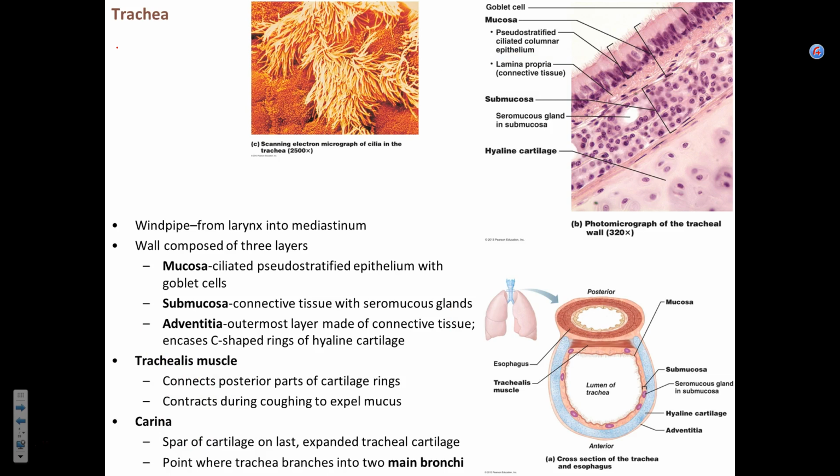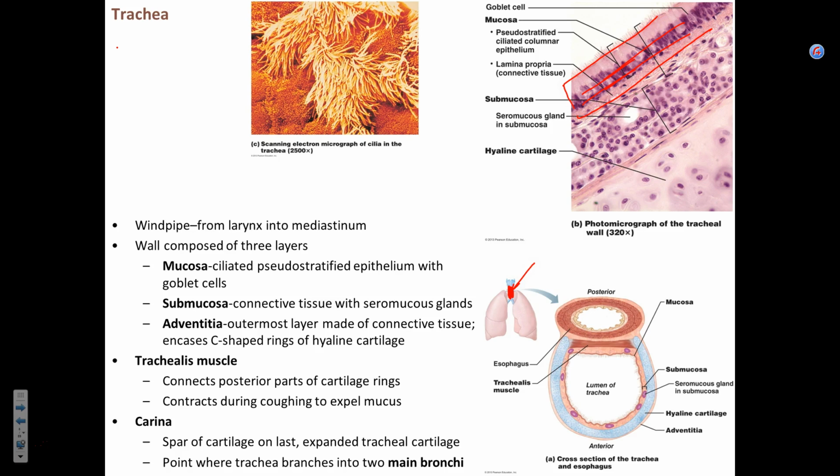As we go from the larynx, we end up in the trachea. There's a little tiny tube that I highlight here. Okay. So there are 3 layers in the trachea. You have a mucosa with lamina propria and ciliated epithelium, pseudostratified columnar ciliated epithelium, with goblet cells that produce mucus.